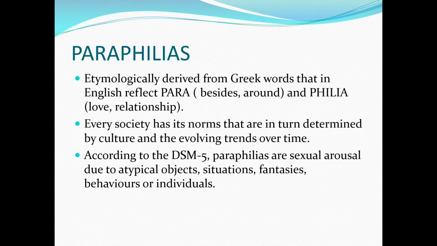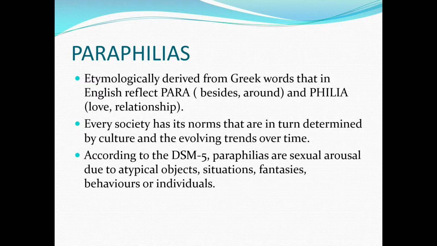The paraphilias we are going to talk about, etymology is the history of words or the origin of how something is named. And so paraphilias have a bearing on Greek words I could not pronounce, but in English it reflects para, which is besides or around, and philia, which is love or relationship.